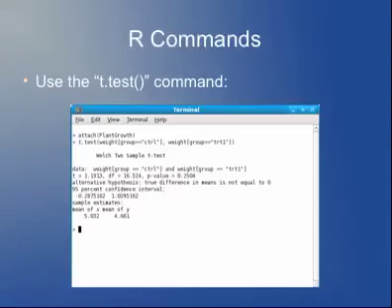So the first thing I do is I use t.test to test the null hypothesis of no difference in the weights between the control group and treatment 1. And I get a p-value of about 0.25. So in this case, we fail to reject the null hypothesis of no mean difference.